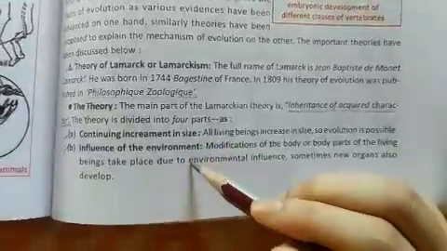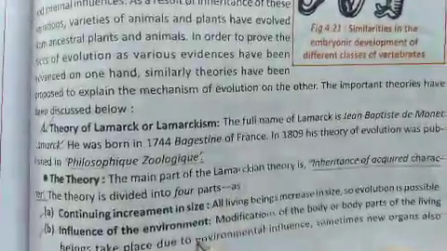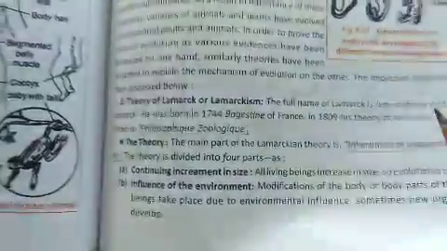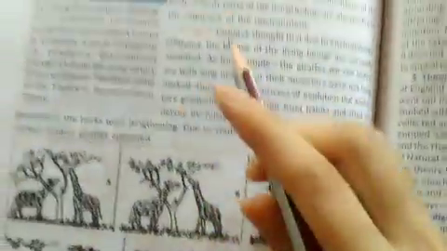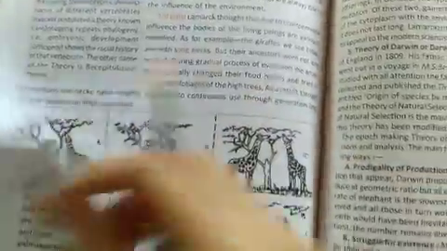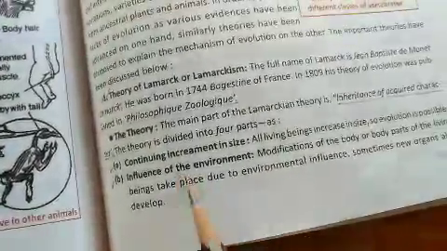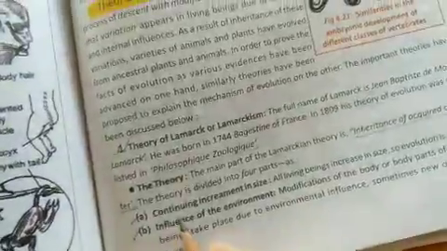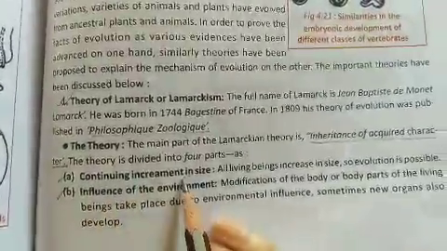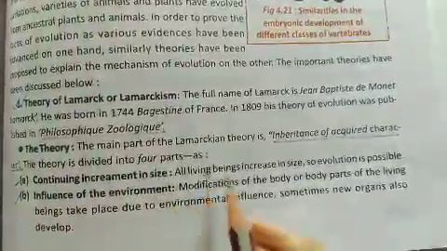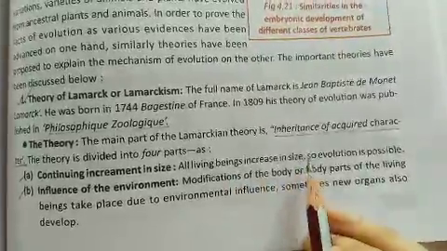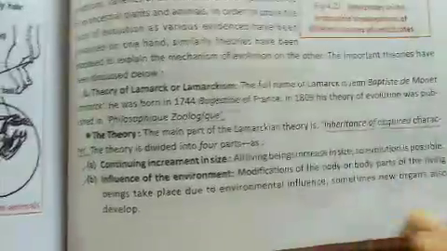The four parts are explained here, and the explanation is also present. Now we see one by one the points and their explanations. Number one, continuing increment in size. All the living beings increase in size, so evolution is possible.